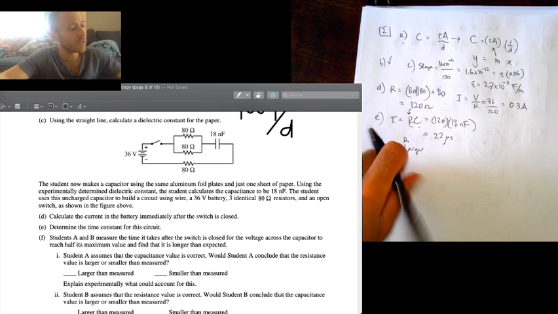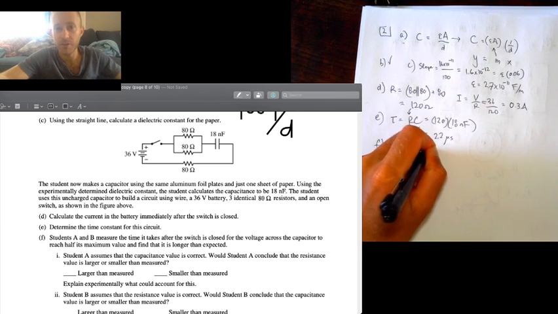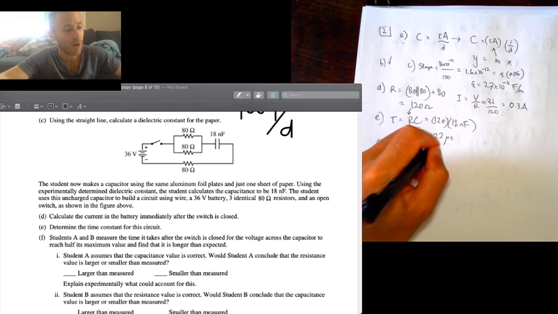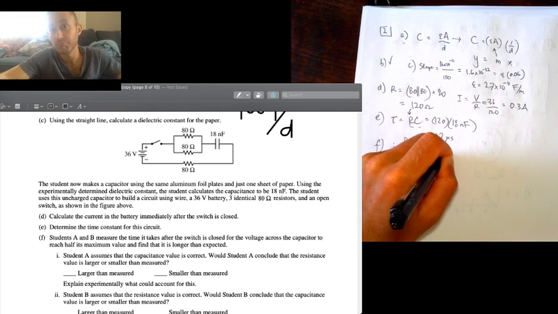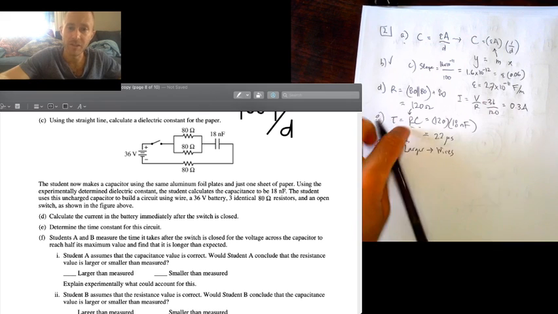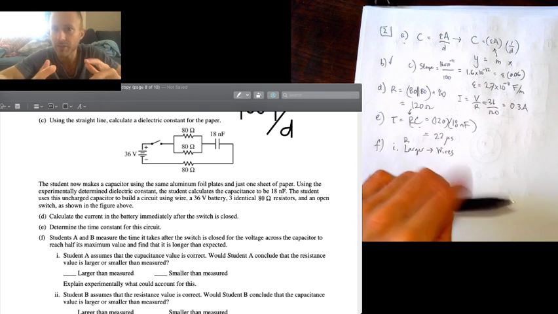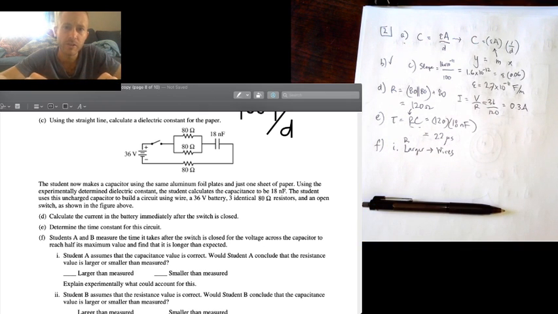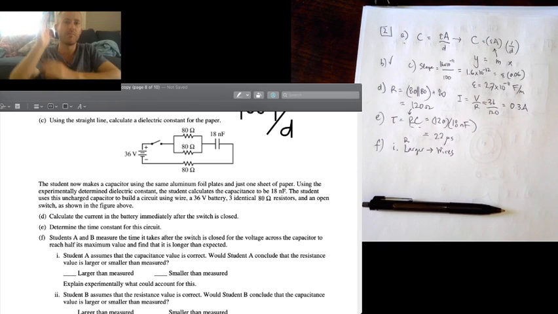What could account for this? One thing that could account for it would be the resistance of the wires. Another thing is the capacitor. Maybe the piece of paper isn't completely... no, that wouldn't be it. It's got to be the wires.